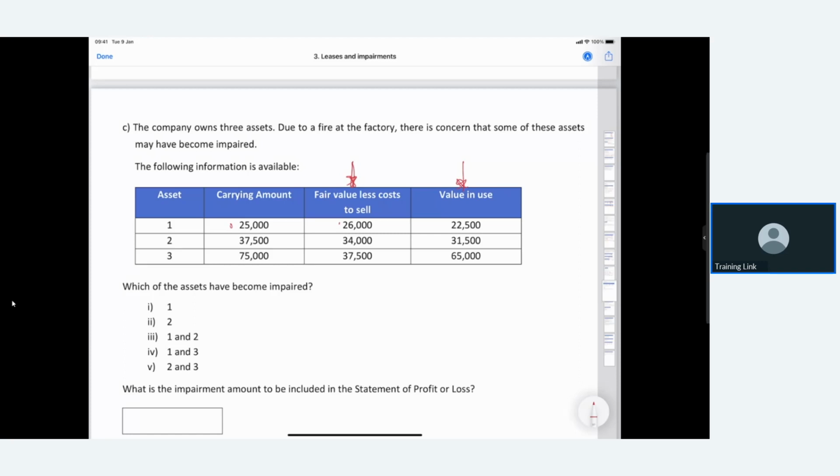Asset 2, the carrying amount is 37,500. The value less cost to sell is 34,000. The value in use is 31,500. So as they are both lower than the carrying amount, there would be an impairment on asset 2. Asset 3, we can also see that the fair value less cost to sell is lower and the value in use is lower. So it would be assets 2 and 3.